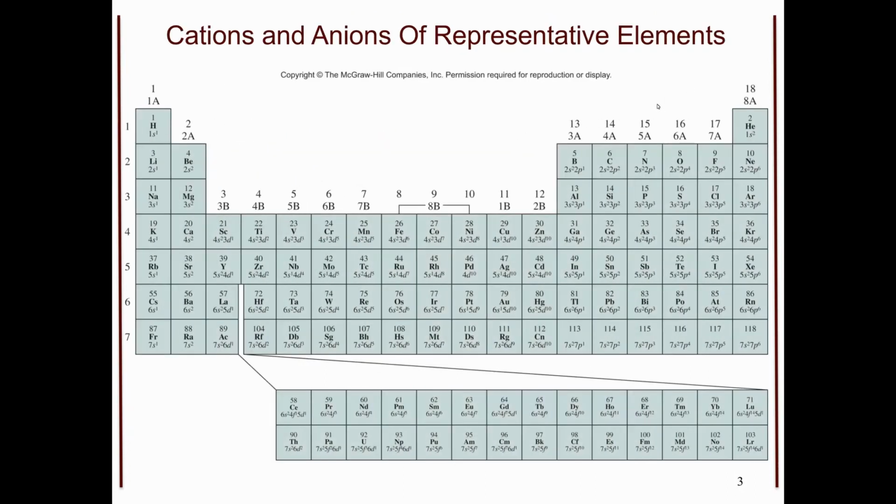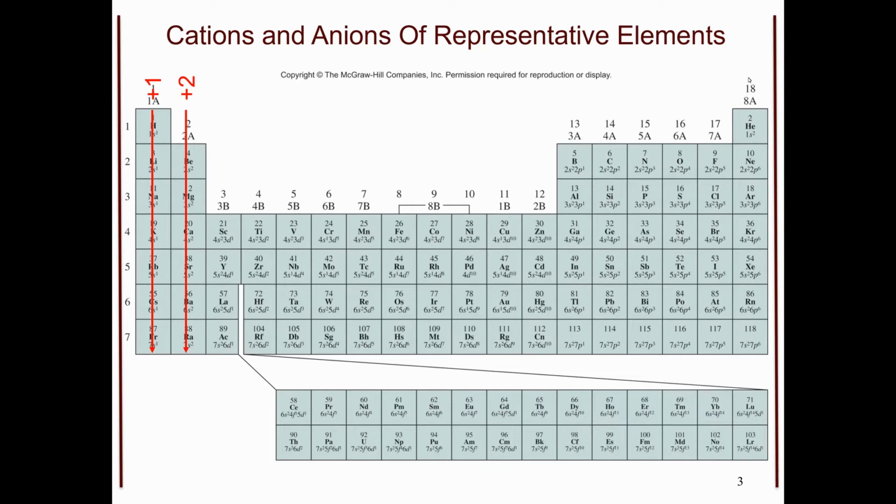So let us look at our representative elements to begin. Our column 1 elements are historically +1 cations because they will revert back to the previous noble gas. For our 2A column, or our alkaline earth metals, notice that we can lose both electrons in that s subshell.